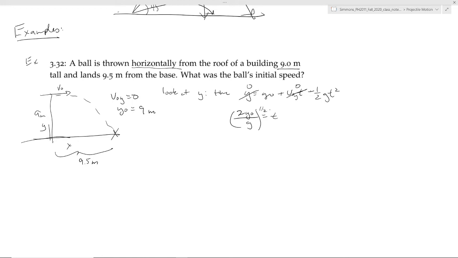So now we have an expression for the time. And so what do we do next? If we know the time, we can find the range.